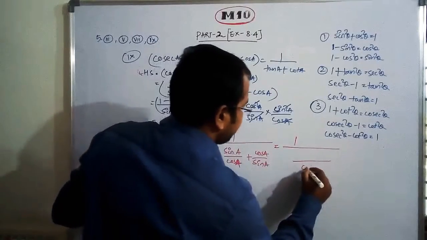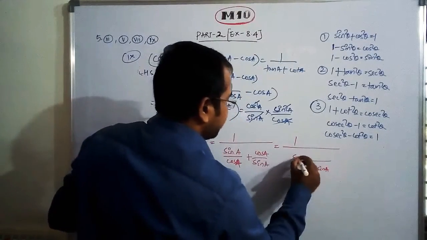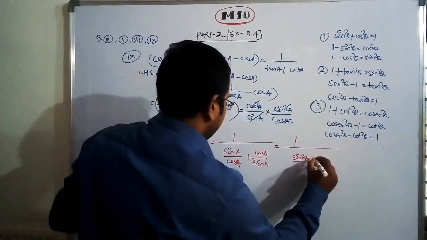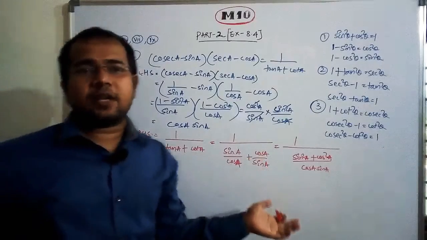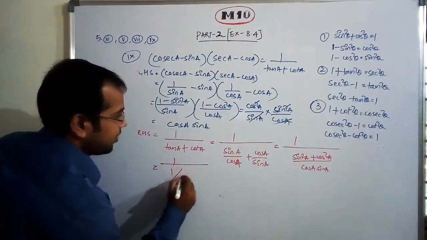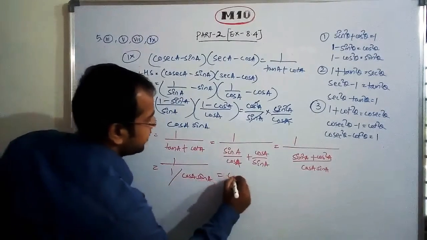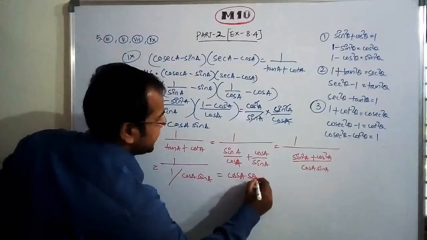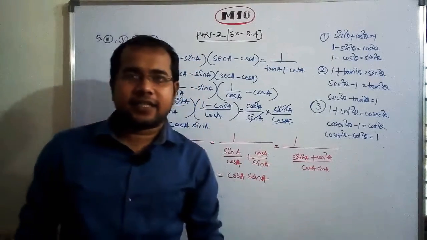The LCM is cos A into sin A, and here you will get sin square A plus cos square A. Sin square A plus cos square A is nothing but your 1. So what will you get here? 1 divided by cos A into sin A, that is nothing but your cos A into sin A. So both LHS and RHS are equal.